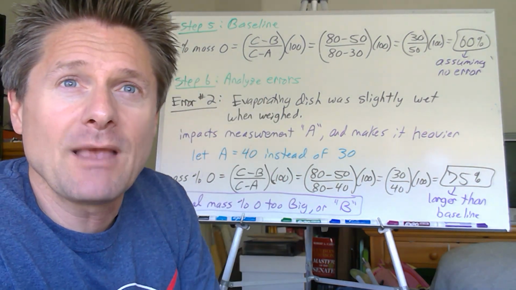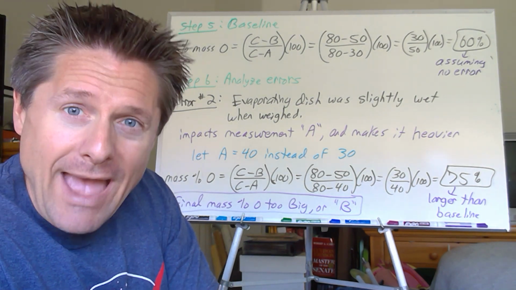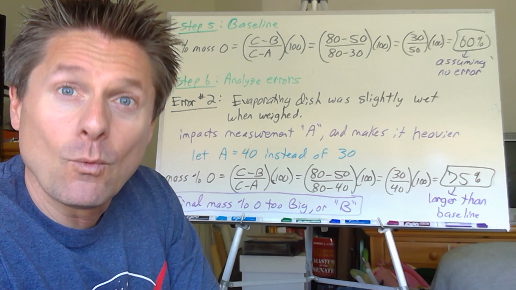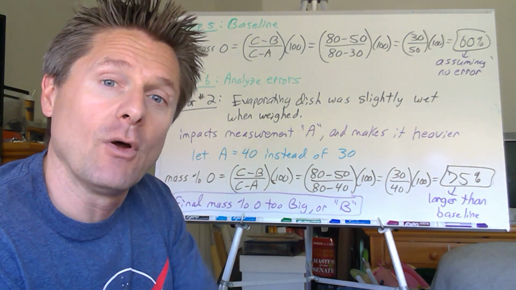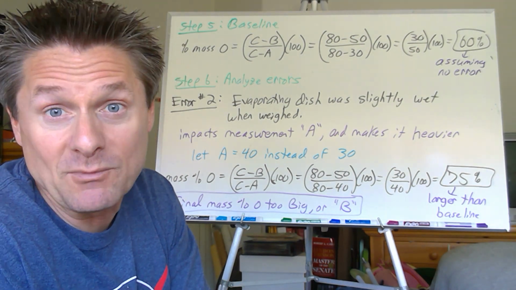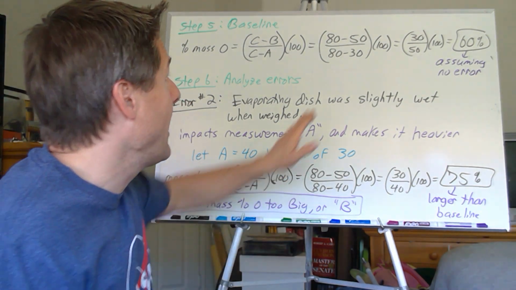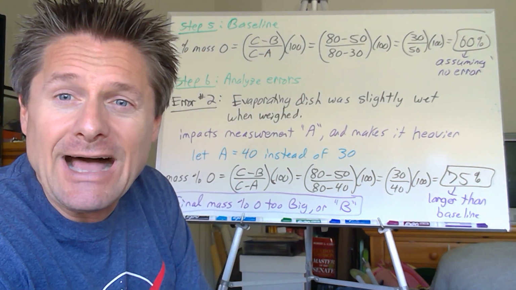So we have to make an assumption now, because we can get two different answers here. Is it still wet when you weigh the iron, or did the water evaporate out? Depends how much time went on in between. See what I'm saying? So that could also affect B, the mass of the iron plus the dish.